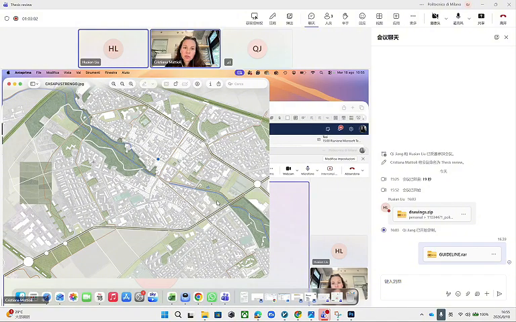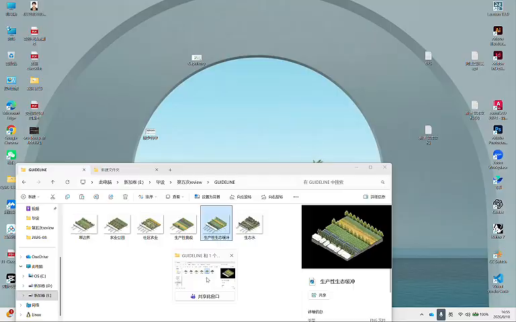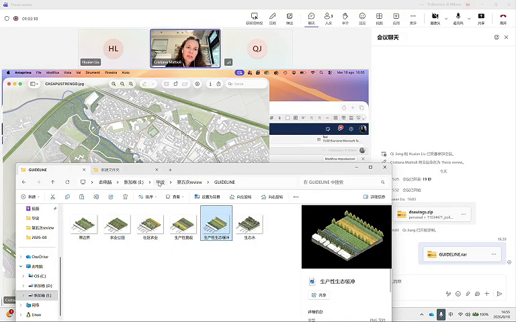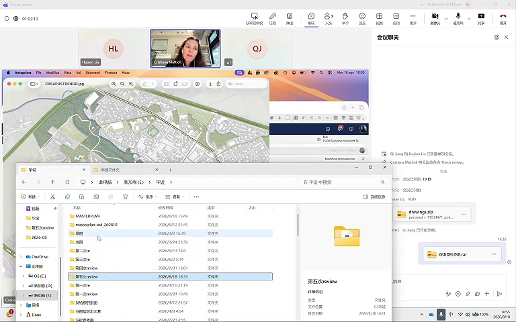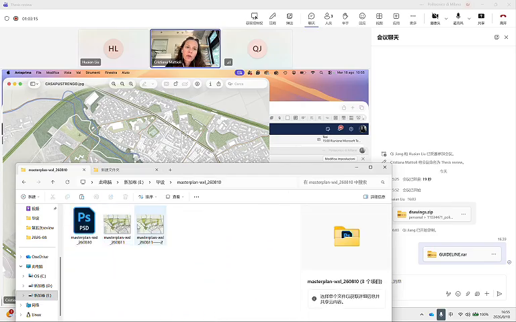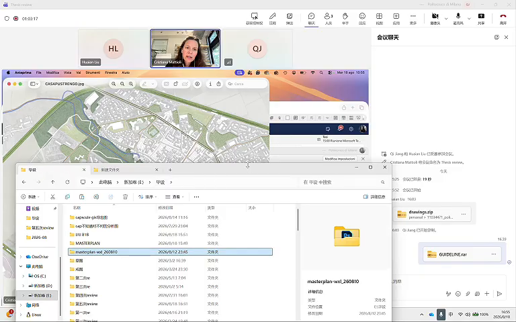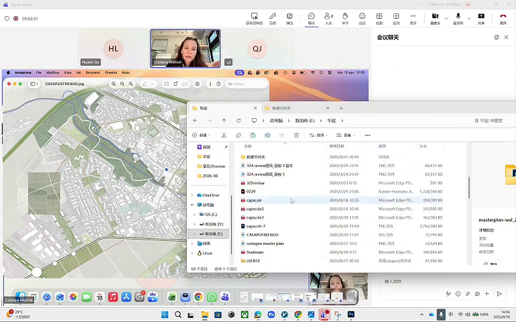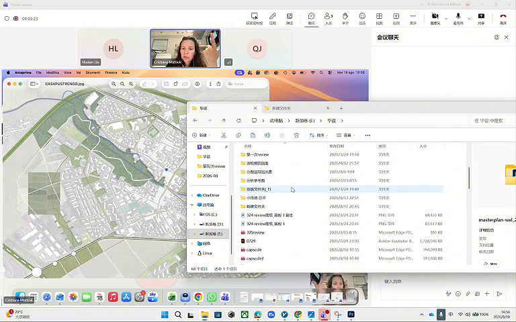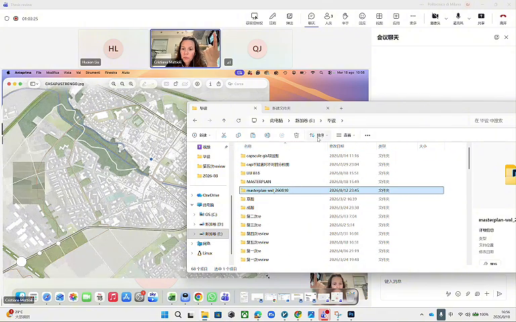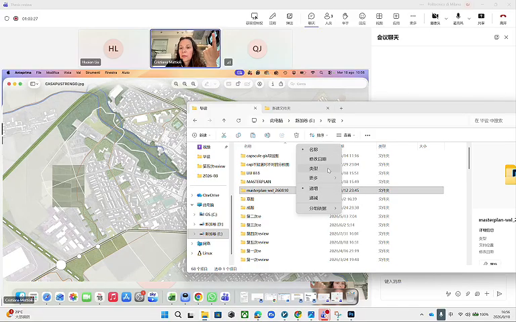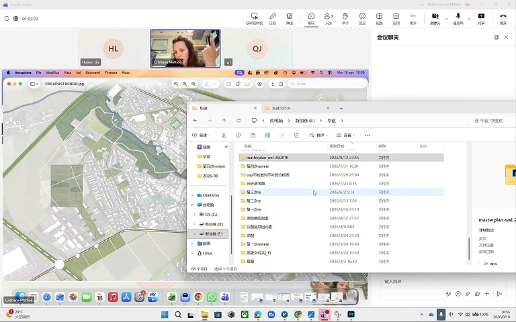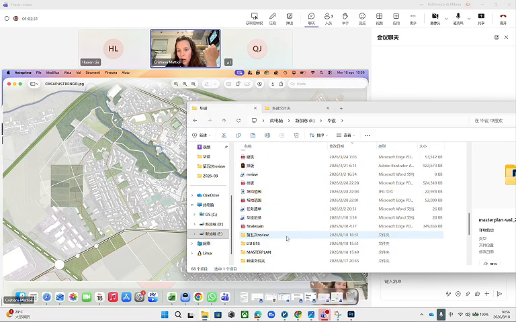But what is important is also to define what is existing and what you are adding and proposing. So, for instance, here, if I remember, there is a kind of abandoned industrial area. So maybe you can work more in this context, in the context of transformation. And another thing is parking lots.